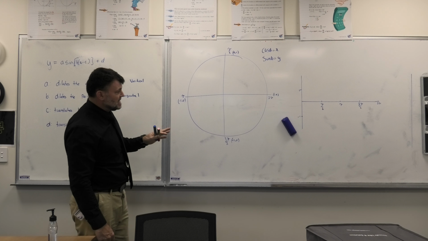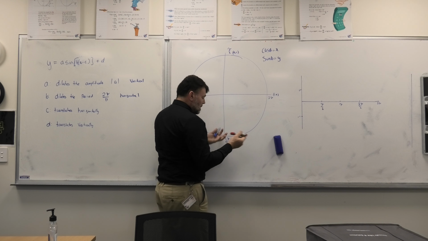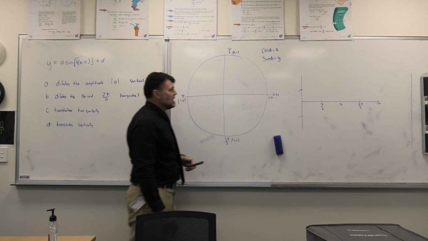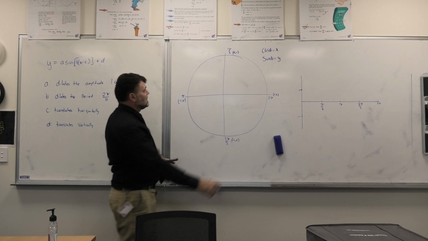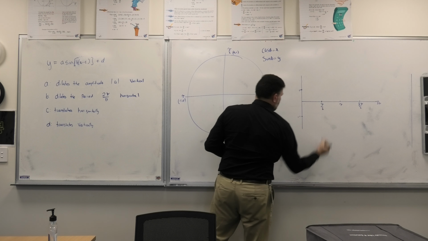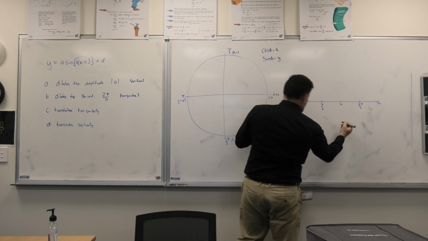So in this case here, at radian 0, the x coordinate is 1. At pi on 2, the x coordinate is 0. At pi, the x coordinate is negative 1.